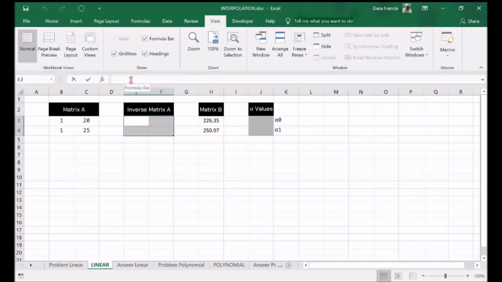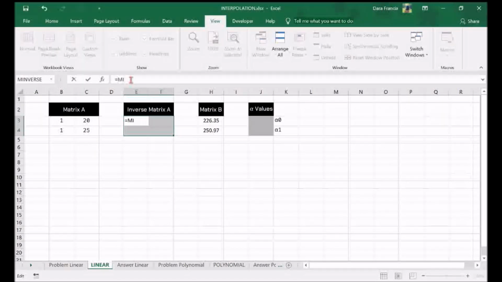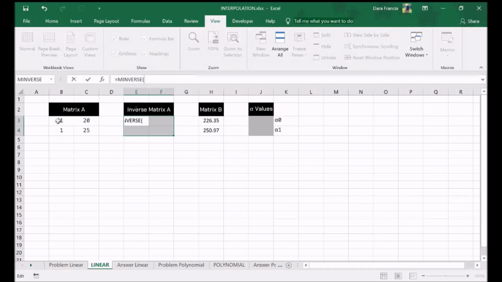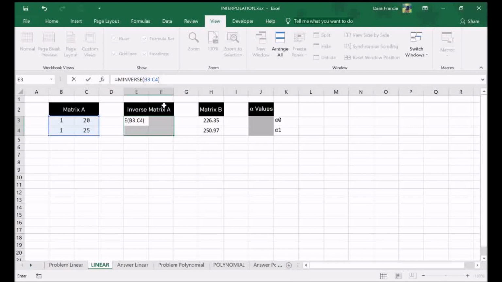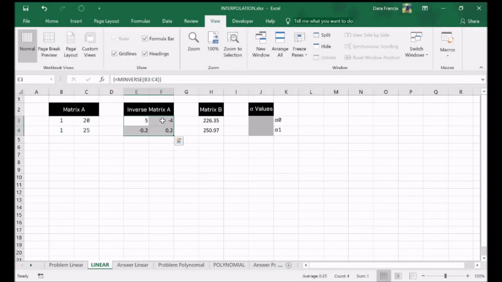Then, in the formula bar, write equals MINVERSE. It will pop up. Click it and highlight your array. The array is the matrix that we will invert, so we will invert matrix A. After highlighting, close it with the parenthesis and hold Control, hold Shift, and press Enter.